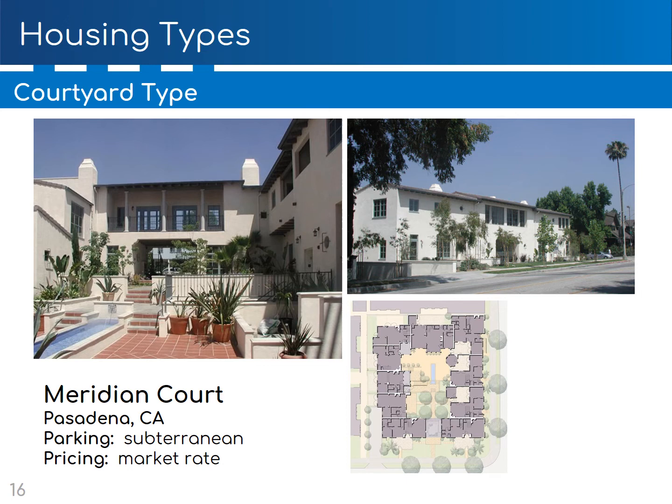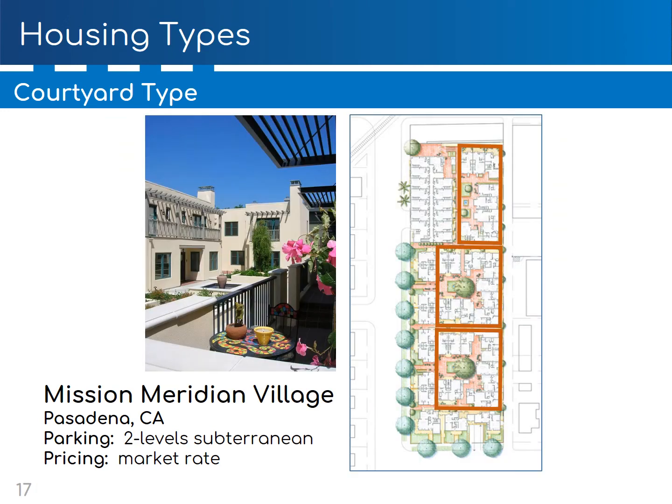The first example is the Meridian Court project, which clusters attached townhouses and stacked flats above a court over underground parking. The second, by the same architect, is the Mission Meridian Village project. We previously looked at this project's duplexes and quadplexes. This project also features units clustered around courtyards.